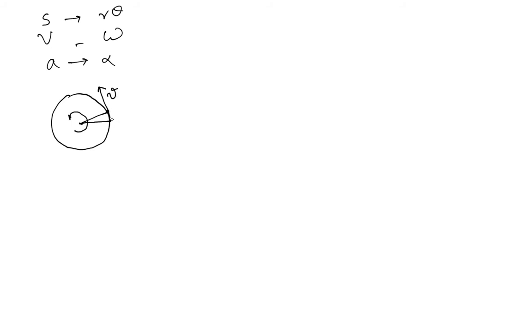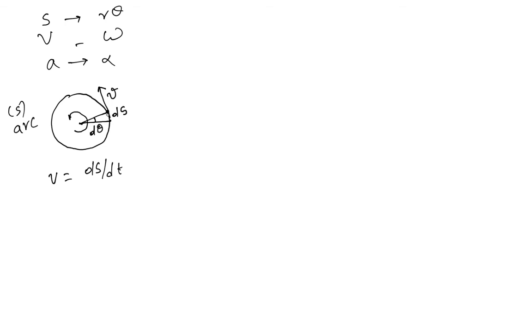Okay, let's say this small distance is ds, that is a small s, where we already have used s as a symbol to express the arc. And because of that we have a small angle d theta. So how is velocity going to be defined? Velocity is going to be defined as ds over dt, because this is the small distance the circle has traveled from here to here.